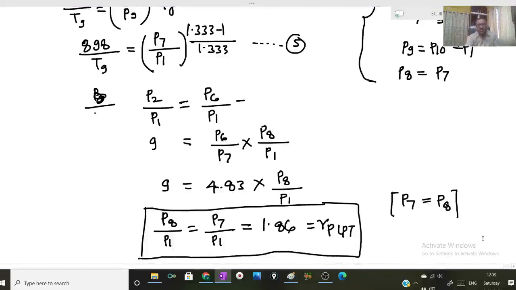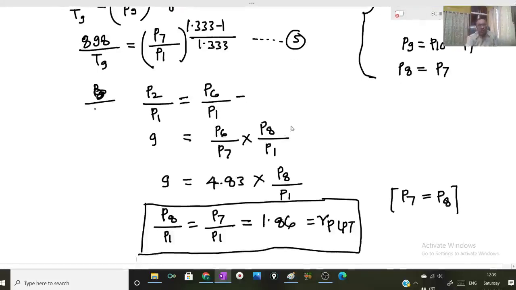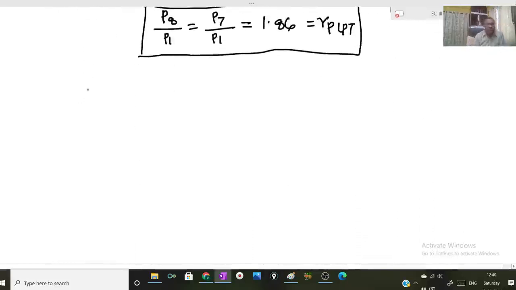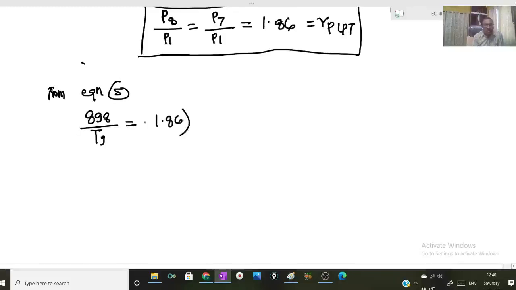So from equation 5 now, that is 898 divided by T9 equals 1.86 to the power 0.333 over 1.333.